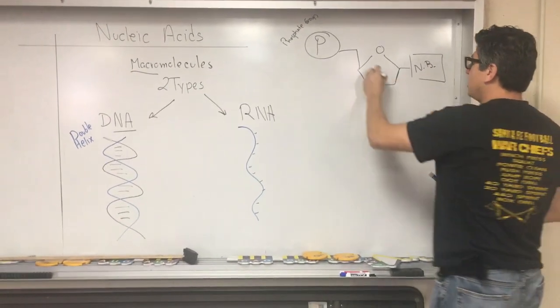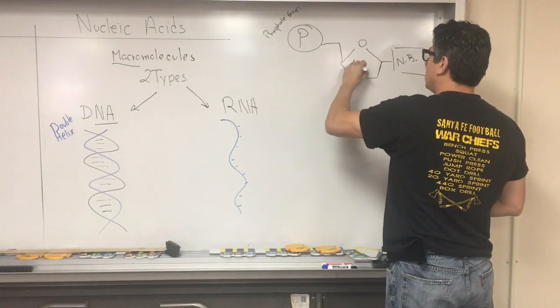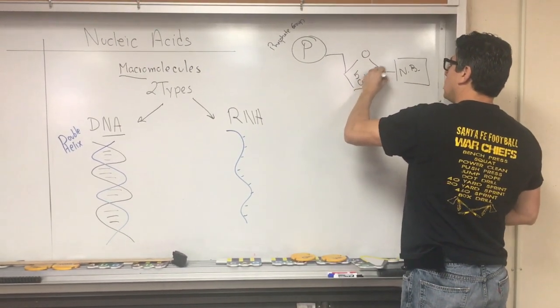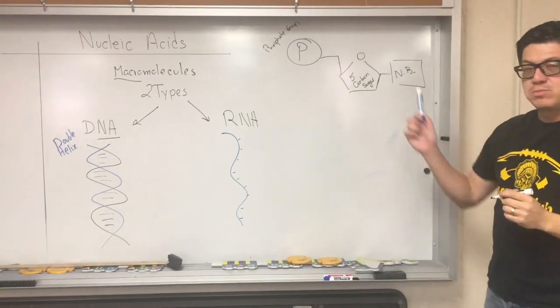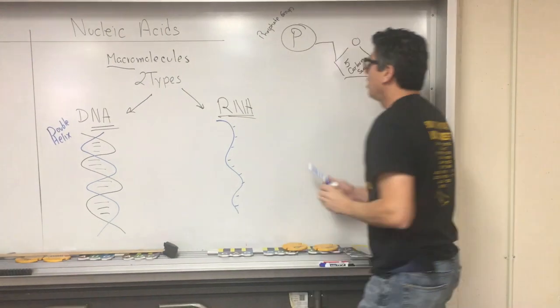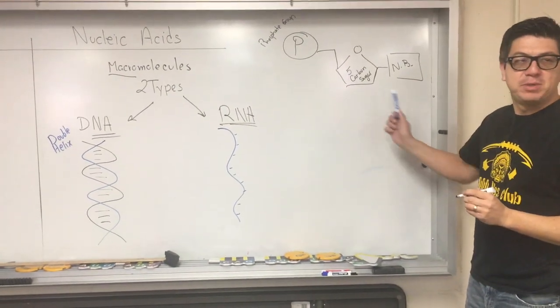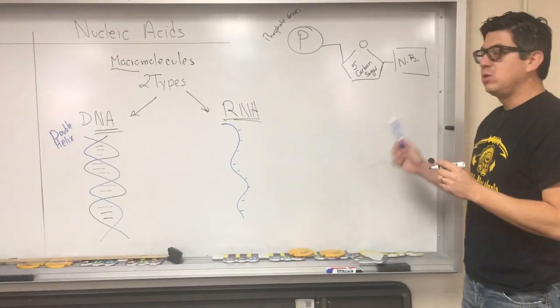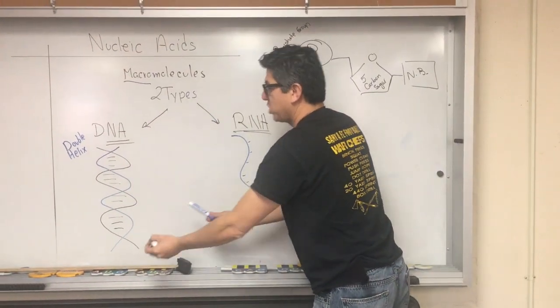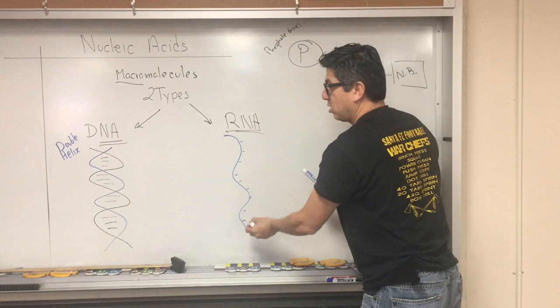The third part is a 5-carbon sugar. Both DNA and RNA are made out of these building blocks. The only difference is that this one is made up of two chains and this one is only one chain.